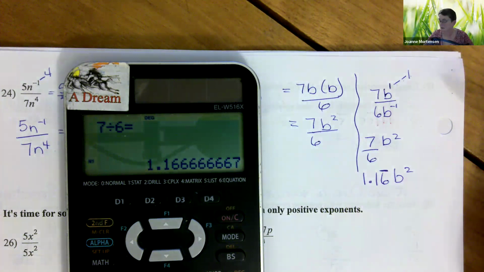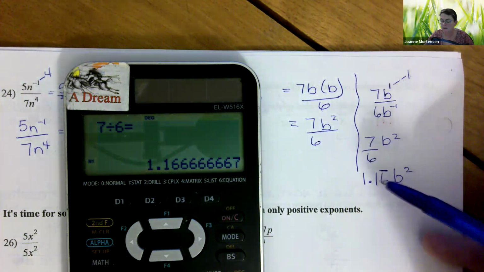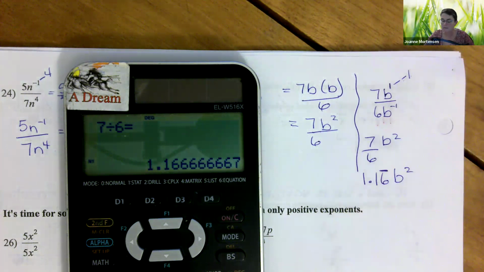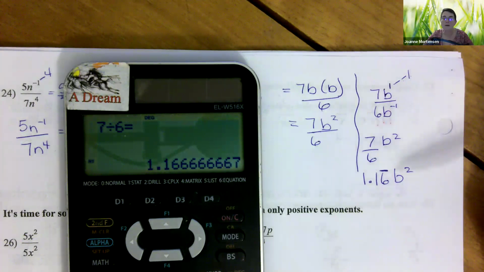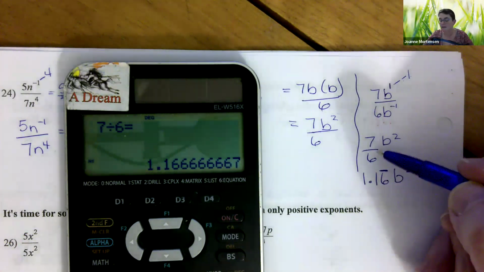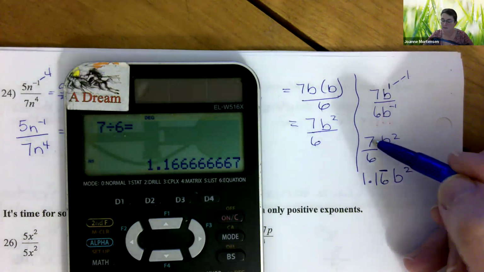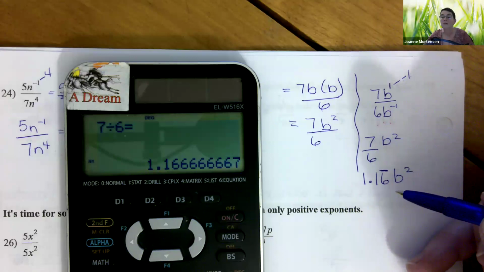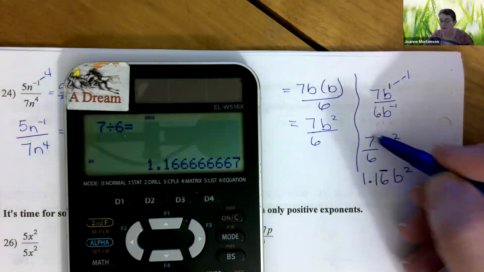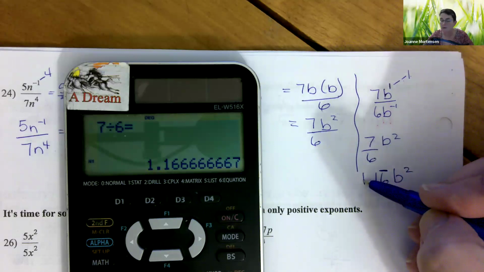Here's a tip, quick, for people who do not like fractions. When the top number is bigger, this is going to be 1 point something or other. If the 6 was on the top and the 7 was on the bottom, so when the denominator, okay, let me try again. Numerator's on the top, denominator's on the bottom. So when the numerator is bigger, it's going to be 1 or 2 or 3.